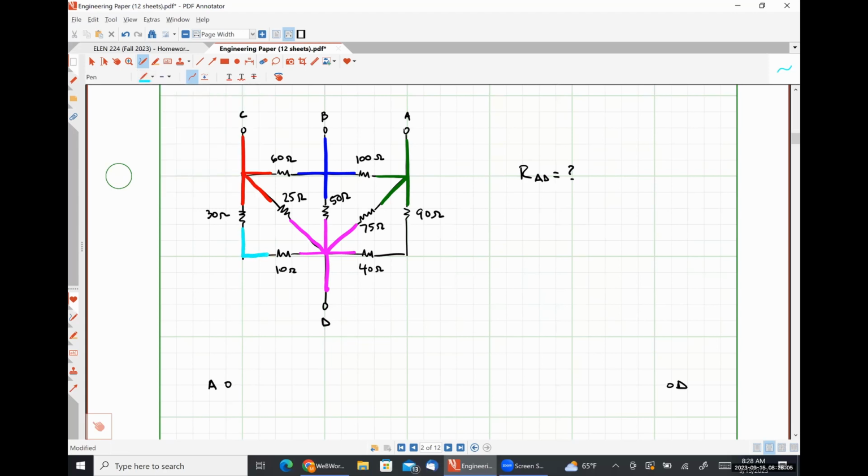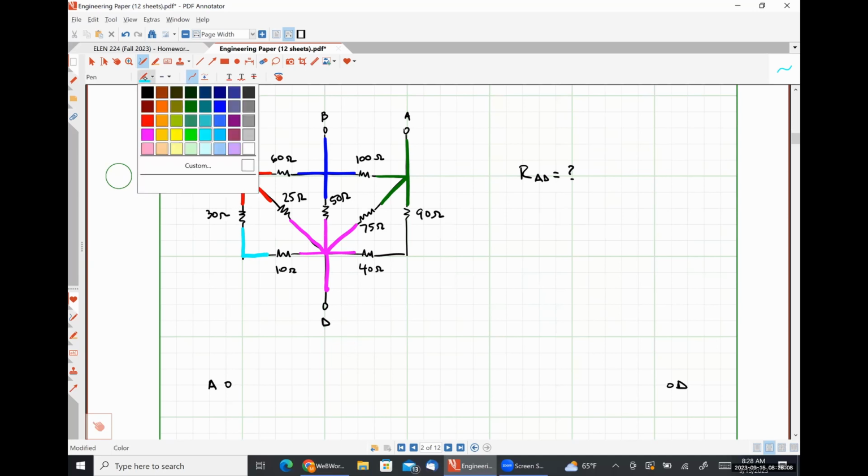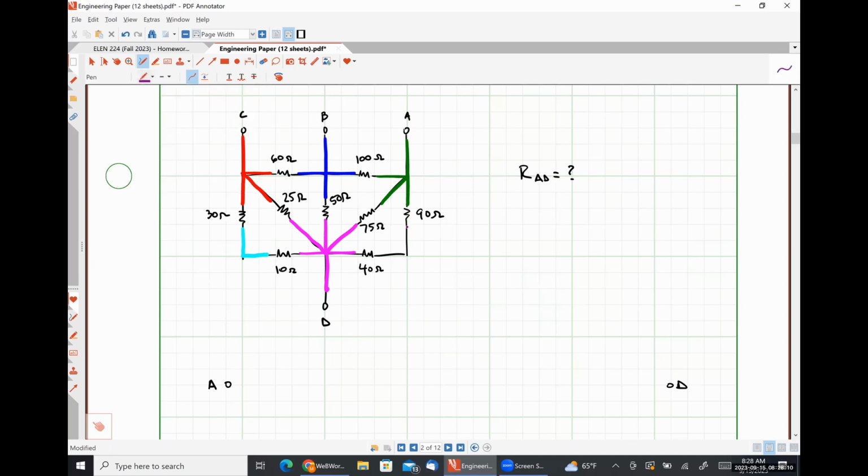So we'll call this one on the bottom left E, and we'll call this one on the bottom right F.